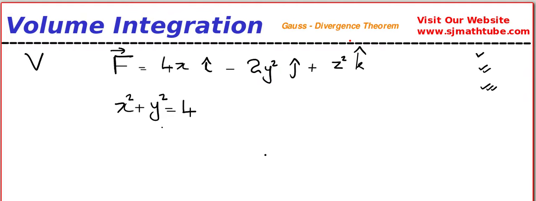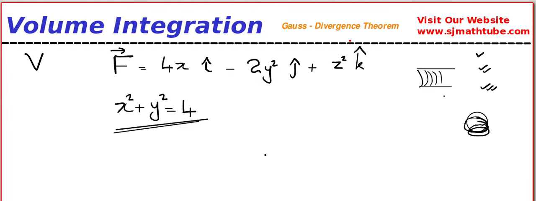Wait a minute. They said cylinder but they are giving you a circle. Oh, okay, that makes sense. A cylinder is made up of many circles arranged one above the other. Just imagine a cylinder is made up of many circles.